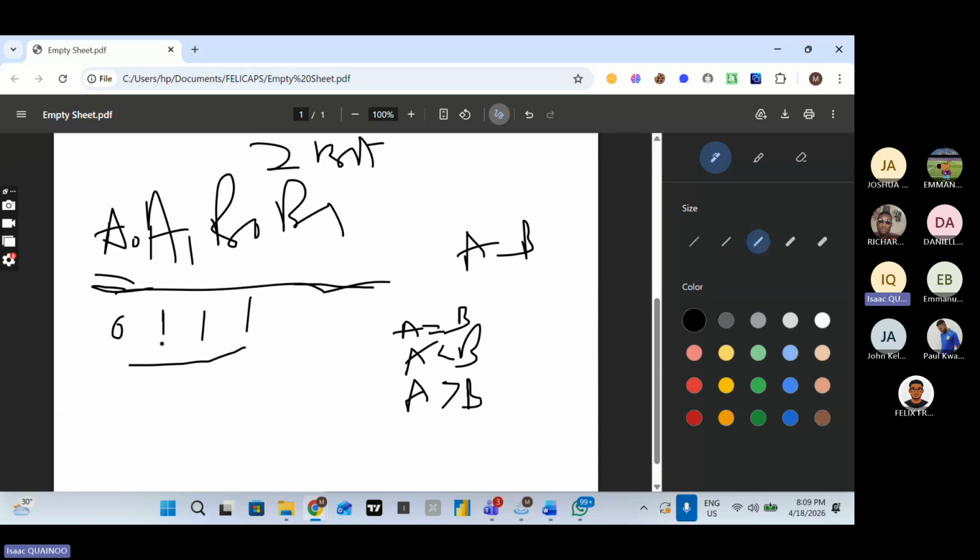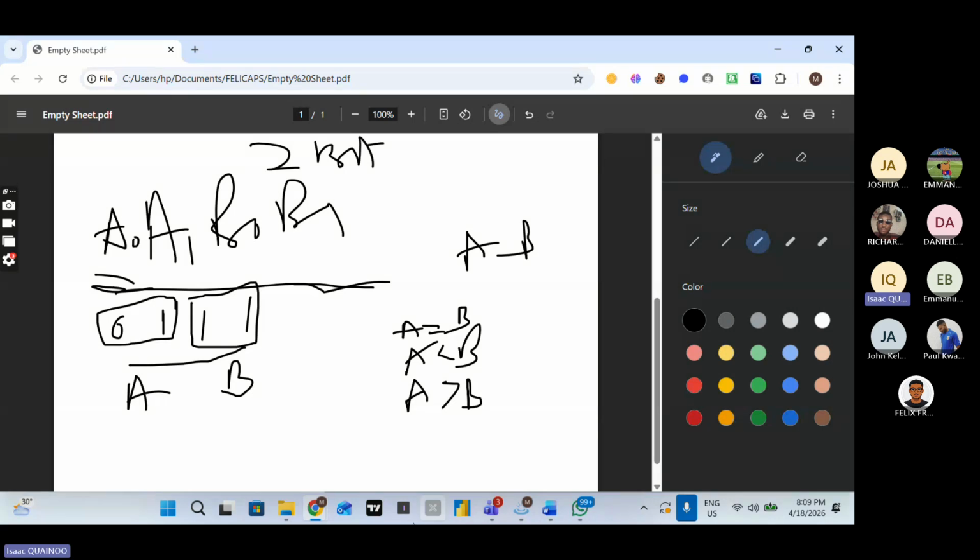To perform the comparison, the first 2 bits will be grouped as 1, and the second 2 bits will also be grouped as 1. The first 2 bits will be our A, then the second 2 bits will be our B. Now we can perform the comparison. So instead of just comparing 0 to 1, we compare 0, 1 to 1, 1.